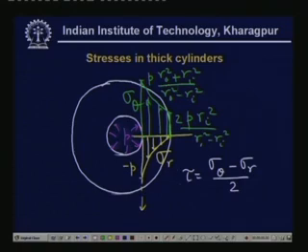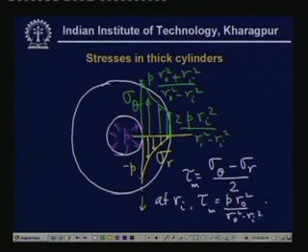If you do that, then the shear stress here at Ri, tau max, will be equal to P R0 square divided by R0 square minus Ri square.